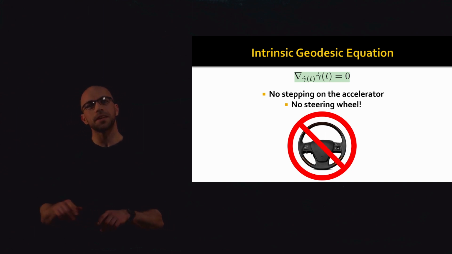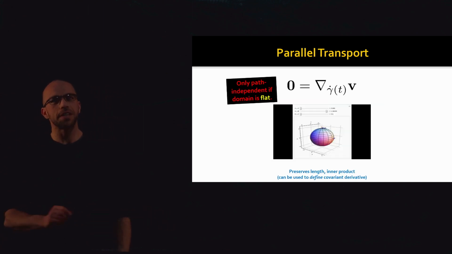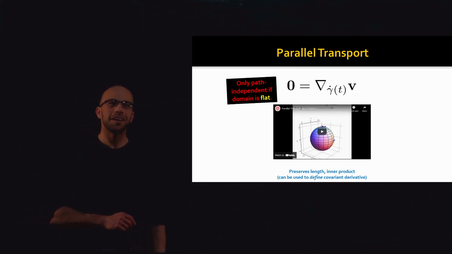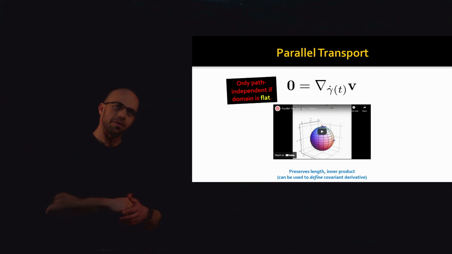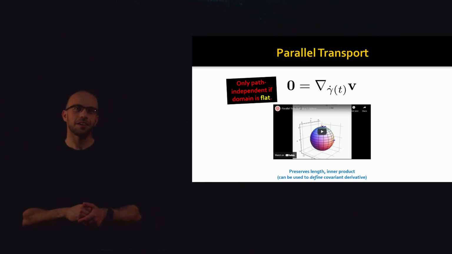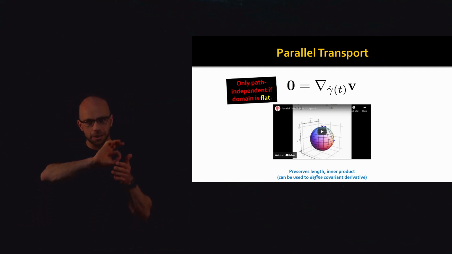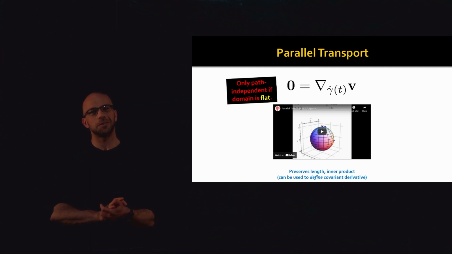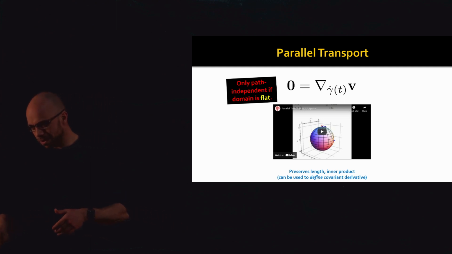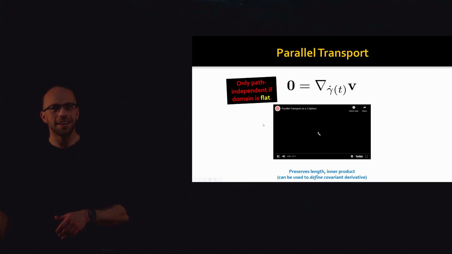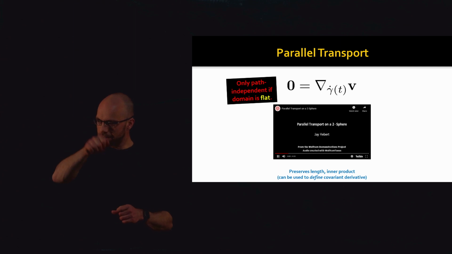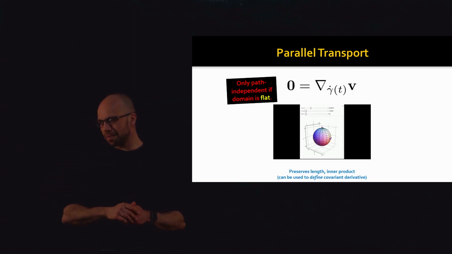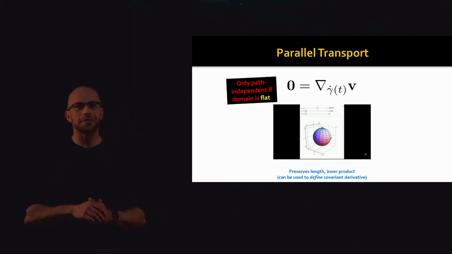Similarly, if you revisit the definition of parallel transport, you can think of it as the covariant derivative of a field V along a curve in the curve tangent direction being identically equal to 0 if it's being parallel transported. This is only independent of the path in the case where your domain is flat, but more generally, parallel transport is path dependent, and it's basically a way to drag vectors along a surface.